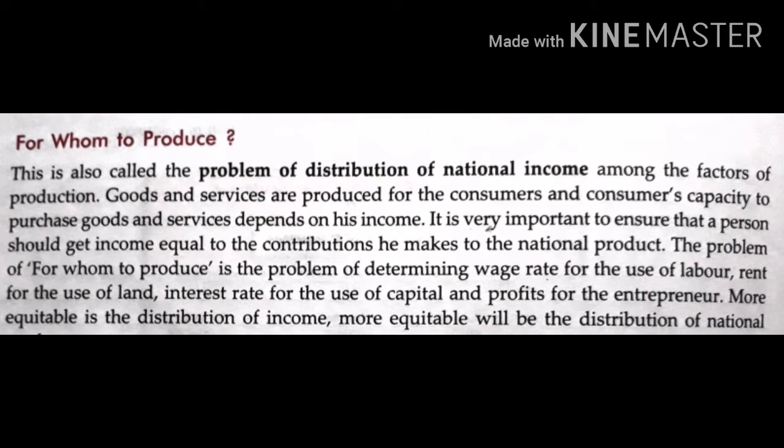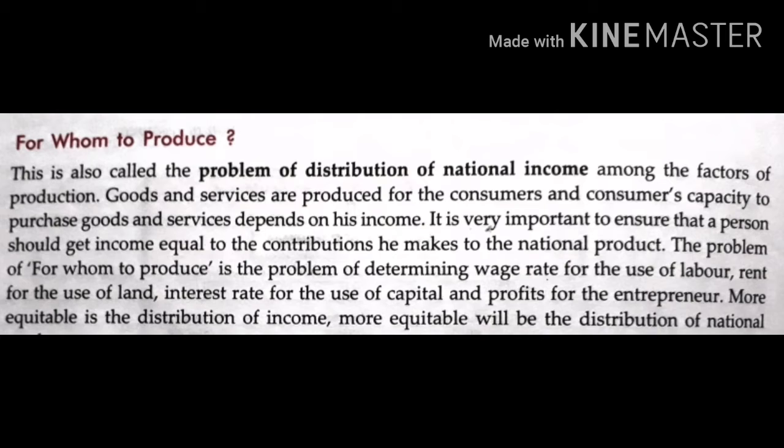We have studied that already. Now this is the third problem that we are going to start, on the basis of allocation of resources: for whom to produce. Students, you all may know that goods and services are produced in three different sectors: primary, secondary and tertiary sectors.